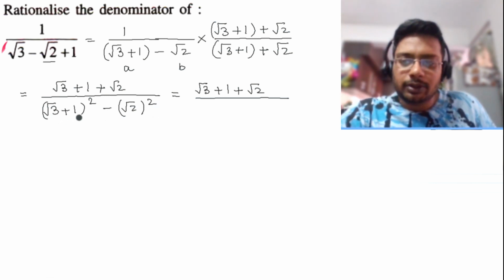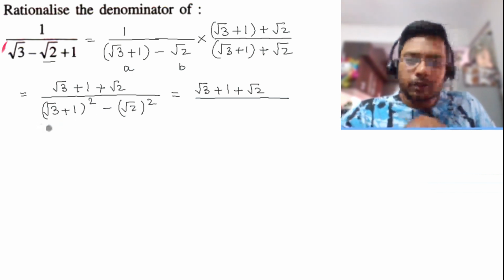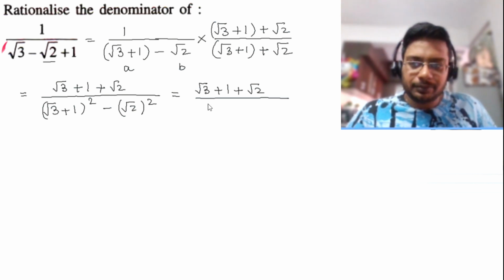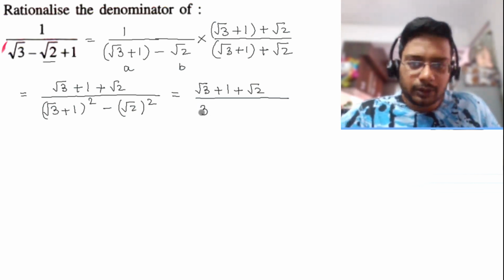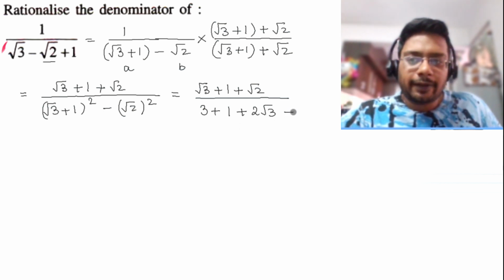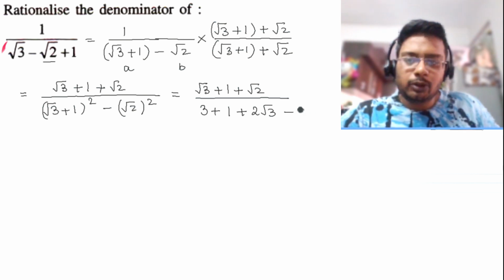Root 3 plus 1 whole square. For this first term, we use the identity a plus b whole square. Correct? So root 3 square plus 1 square plus 2 into root 3 into 1, minus root 2 whole square.